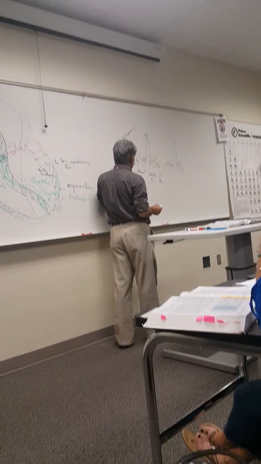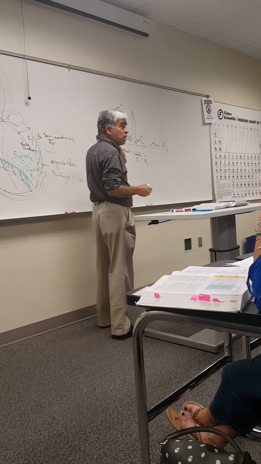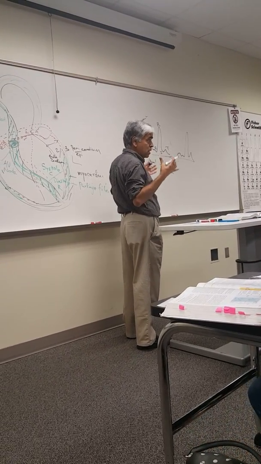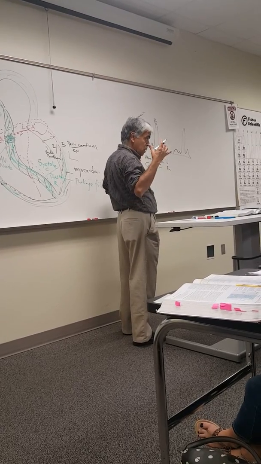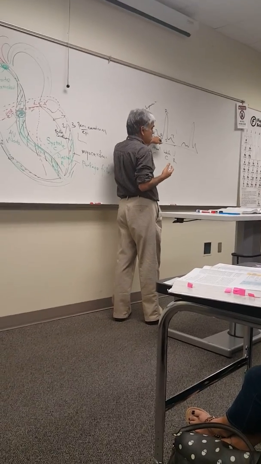And if there is a lower than normal peak, that means maybe there is some defect. So all the muscles are not doing the normal amount of work, and then it will be slower.